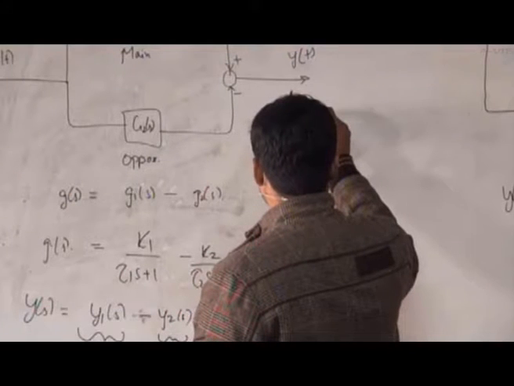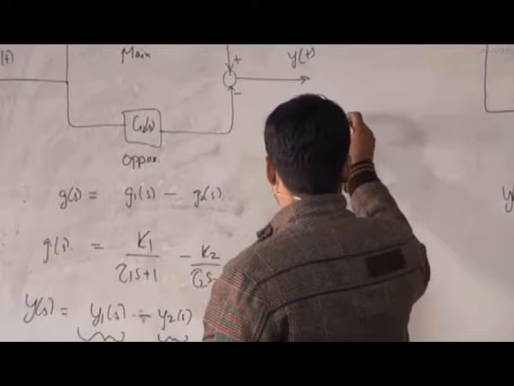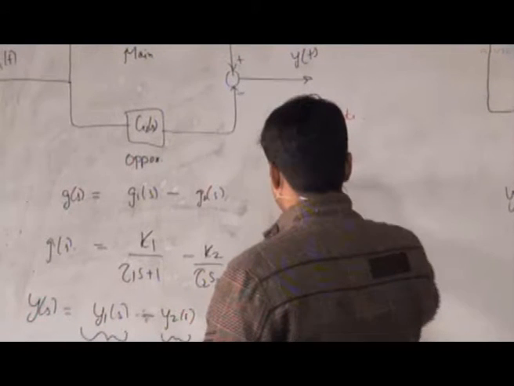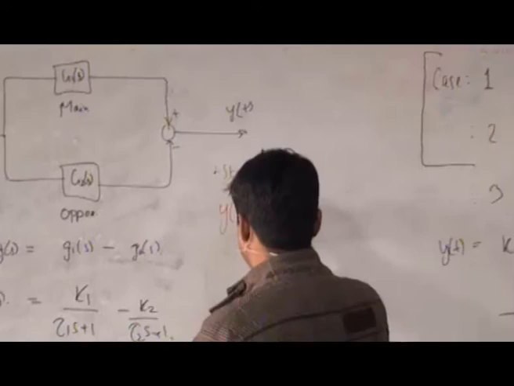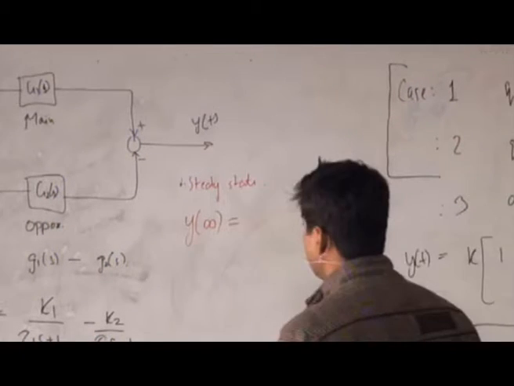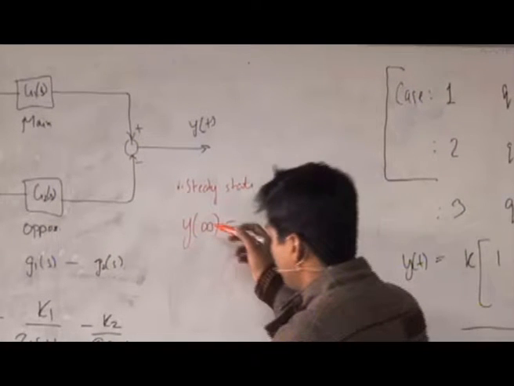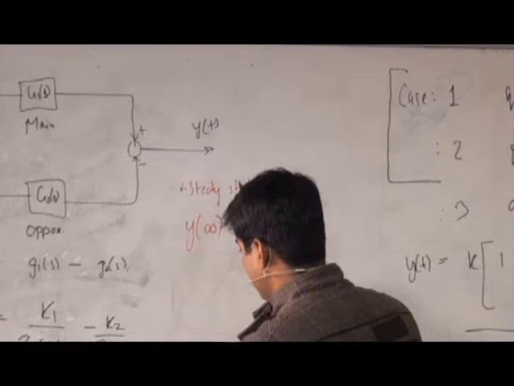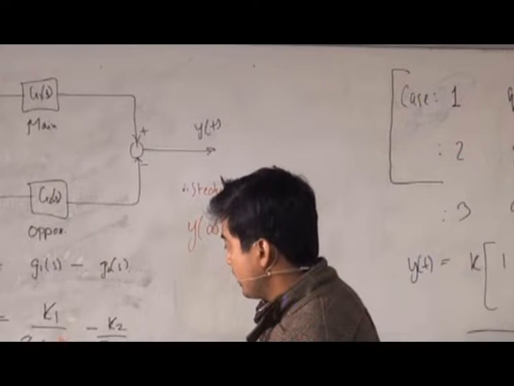So for the unit step response, first I see what will happen at steady state. This is what I mean by the steady state: when t tends to infinity, what will be the value of y?